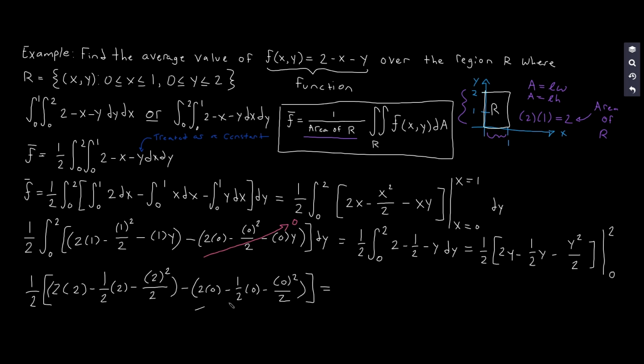And, well, this whole thing is going to go to 0. But as for this thing, it's going to be 1/2 times 4 minus 1 minus 2, right? Because, yeah, I think. And then this is just going to equal 1/2 because 4 minus 1 is 3, minus 2 is 1, and then 1 times 1/2 is 1/2. And so the answer will be 1/2.